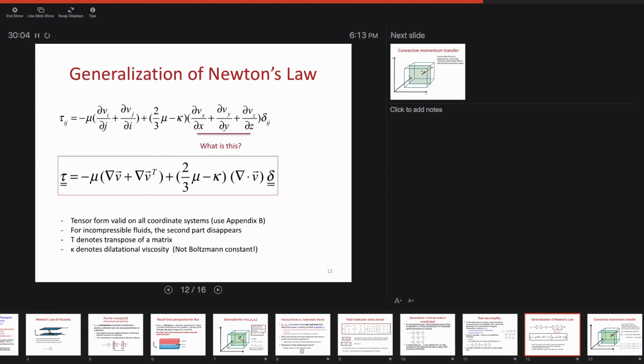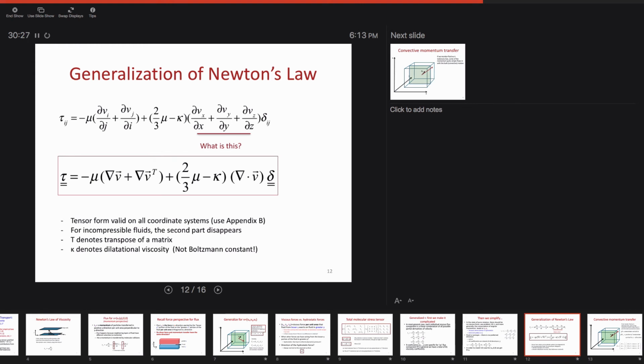This is a tensor. So when gradient works on a vector field, I get a tensor because I can take partial derivatives in all three directions for three values in this vector. Okay, so that gives me 3 by 3. Then that same Jacobian transposed. This is the Jacobian or gradient of a vector.